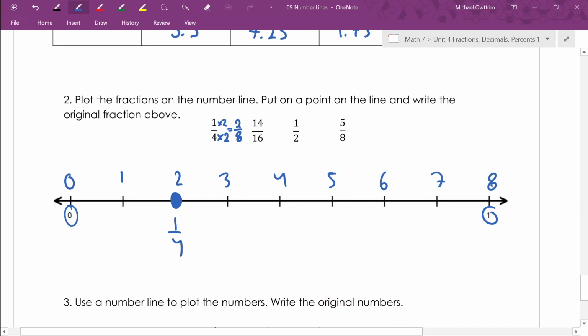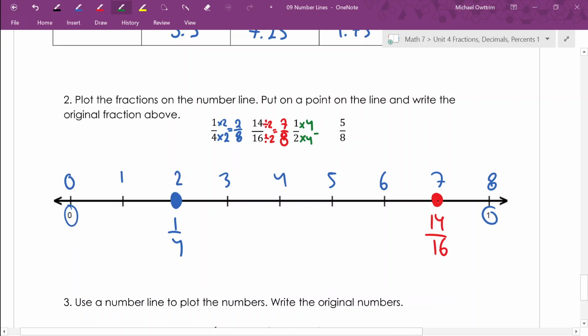So right at 2/8 is our fraction 1/4. We're labeling that with our original fraction, obviously. For our second one, we have to divide 16 by 2 to get 7/8. So that is our second fraction. Again, we're going to label it with the original fraction. I guess they told us original fraction above, but that's fine. 1/2, we're going to multiply it by 4 to create a denominator of 8.